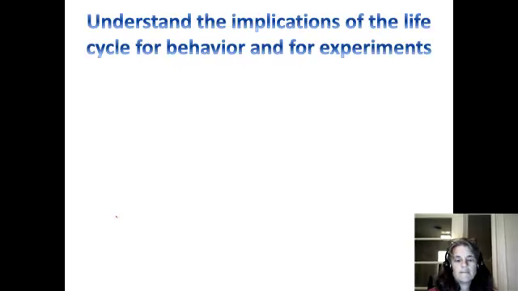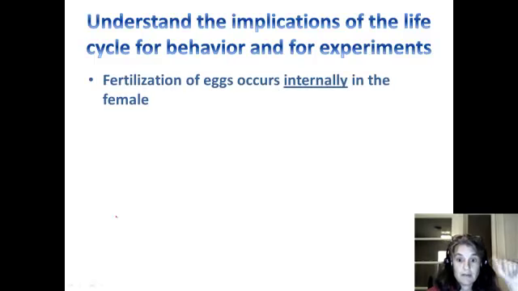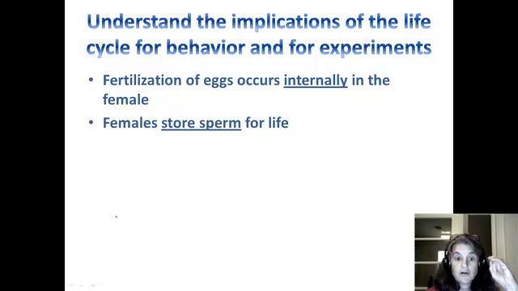Okay? Now, this life cycle has real implications for how we do any kind of experiments we're doing. As I mentioned, fertilization is internal, and the females store sperm for life.